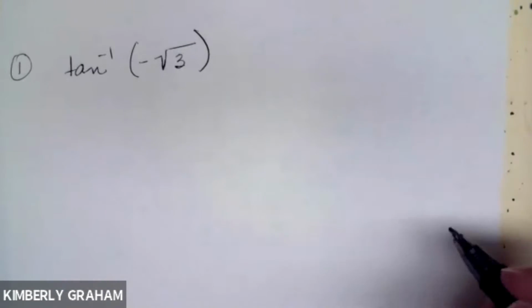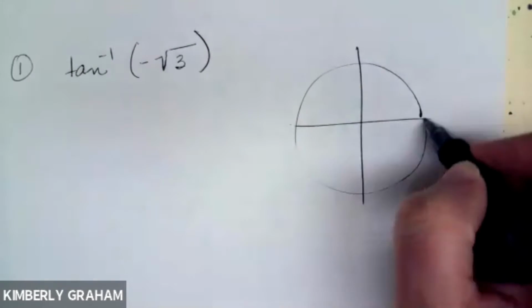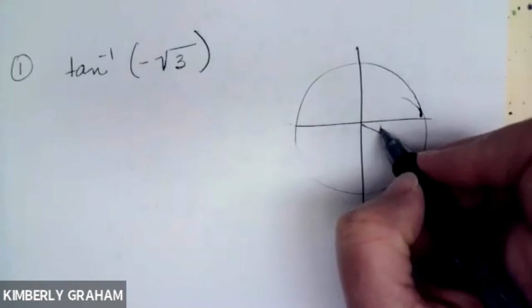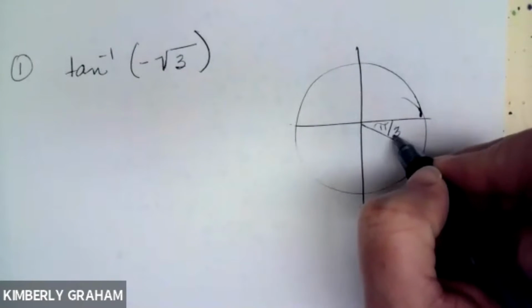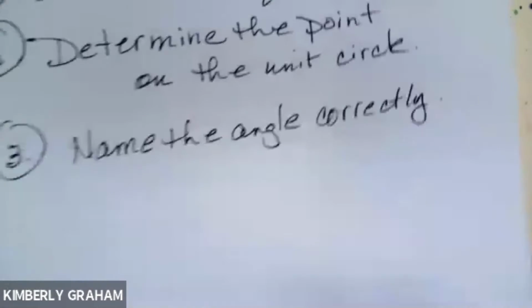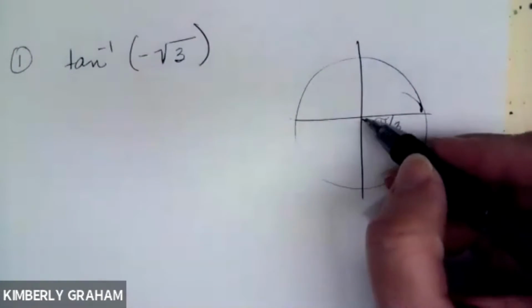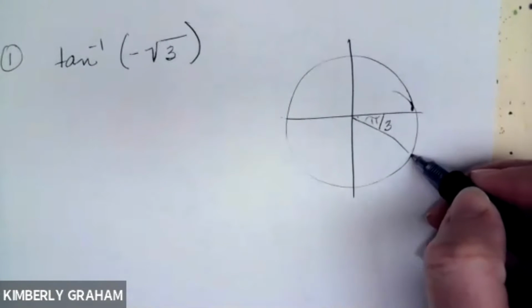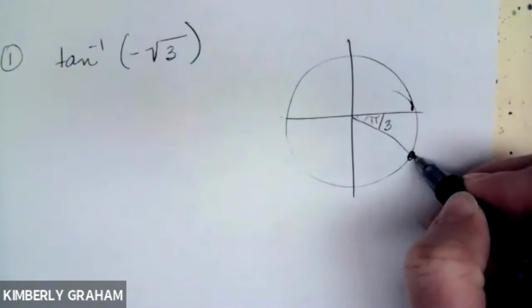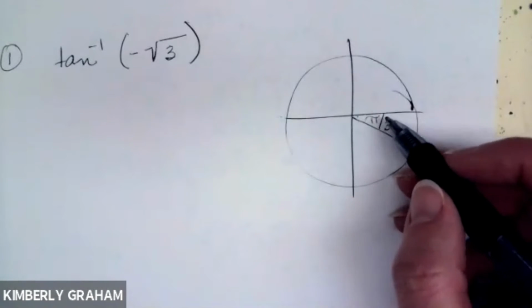I'm going to sketch this out here. I've got a reference angle of pi over 3. Does that make sense? Okay. Now, my second step says determining the point on the unit circle. Well, I'm not necessarily looking at the coordinates of this point, but more so the measure of that angle.